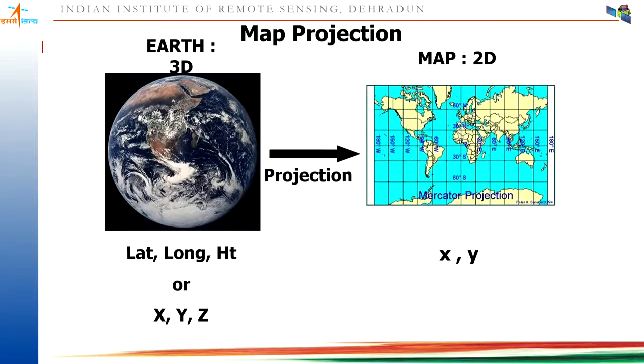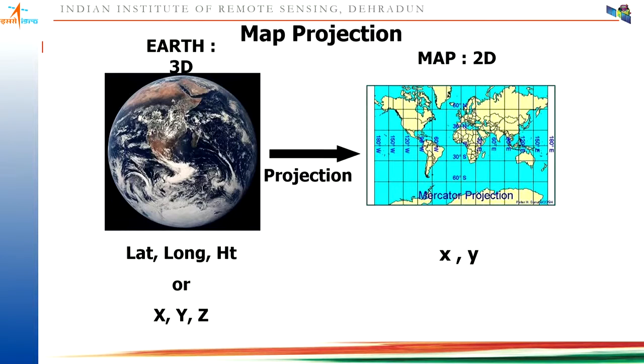But in three dimensions, it is difficult to analyze or take measurements. What we are doing is transforming this three-dimensional earth, the projection of the three-dimensional earth onto a two-dimensional sheet, and that is called map projection.